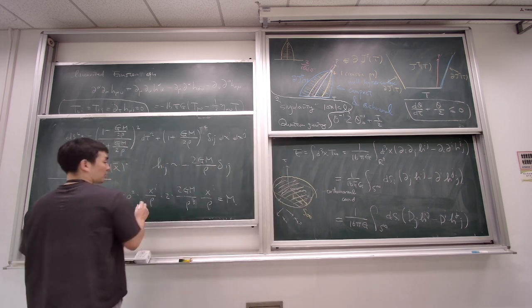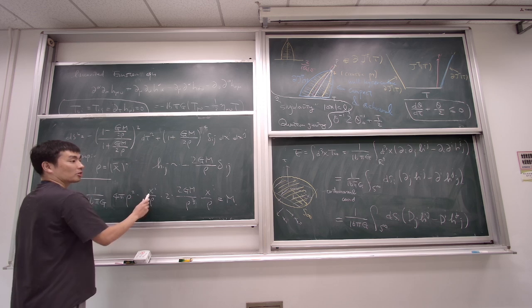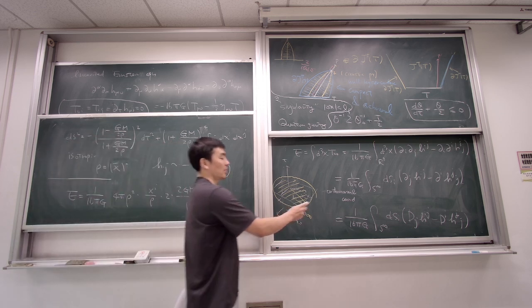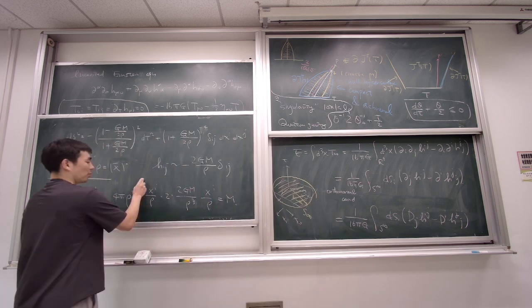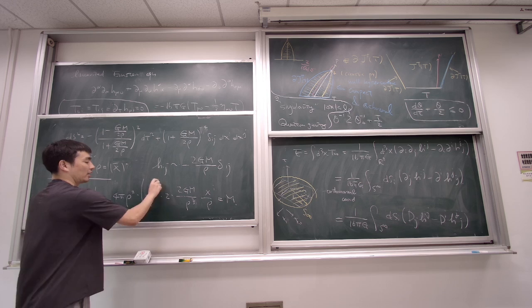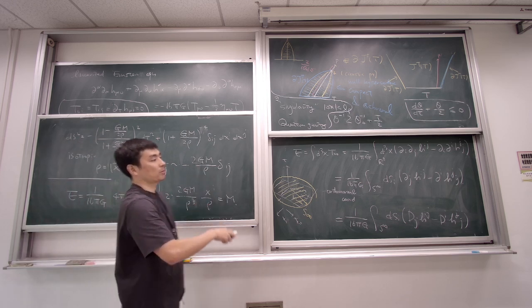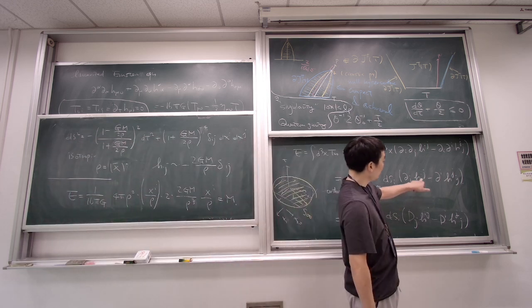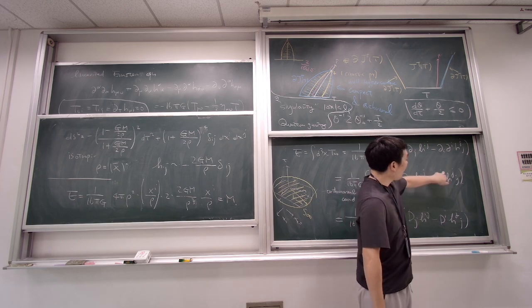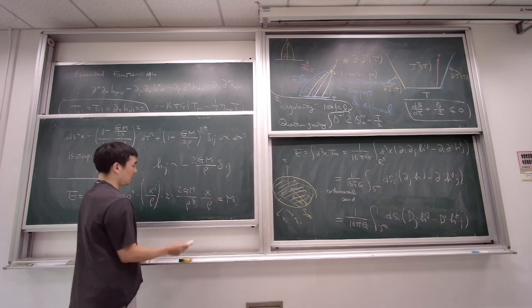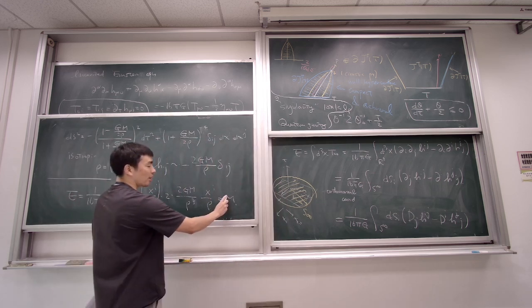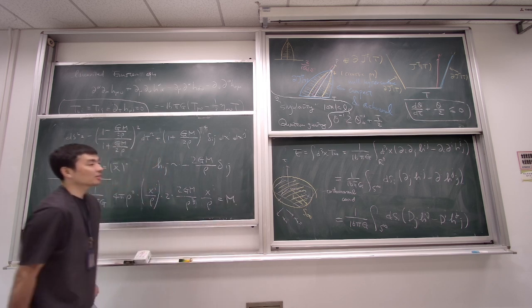It's just a normal calculation. dS_i is this normal vector, and if you apply this derivative, del_i, you get this, and if you just do the calculation, you get m. That's how it works.